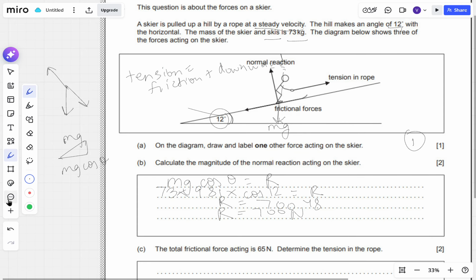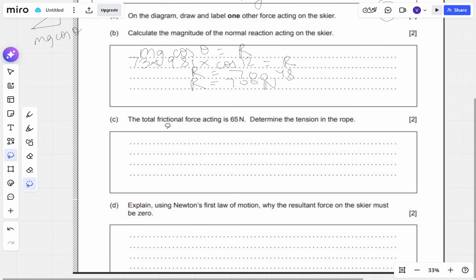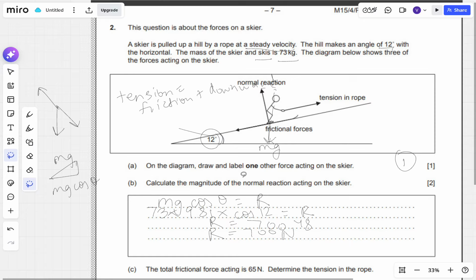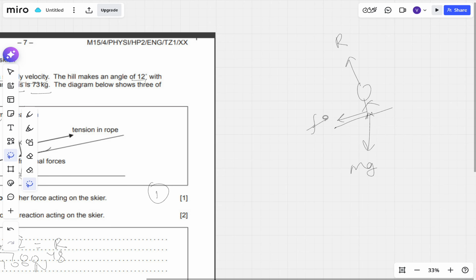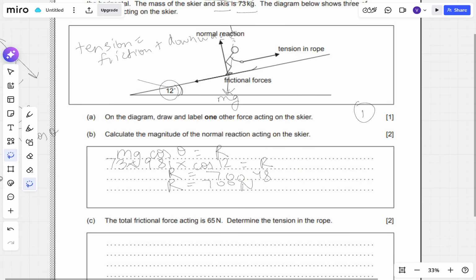Now we'll be talking about the total frictional force acting. This again is all about the forces. We made a small diagram. Friction is here, and this is friction acting. Over here, the total frictional force is 65 newtons.